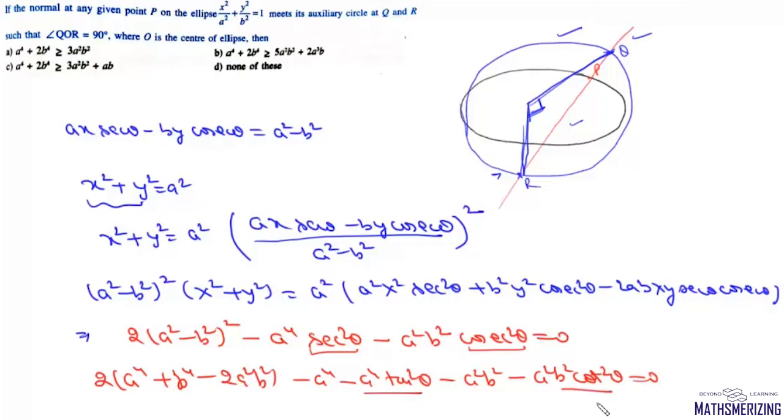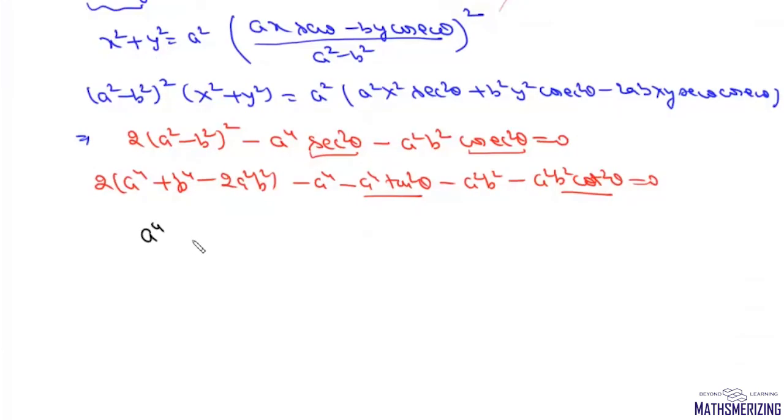So we'll take this tan square theta and cot square theta to the right hand side. Then we can write this as a to the power 4 plus 2b to the power 4, and then here it is minus 4a square b square and minus a square b square. So it will be minus 5 a square b square, and on the right hand side we'll have a to the power 4 tan square theta plus a square b square cot square theta.